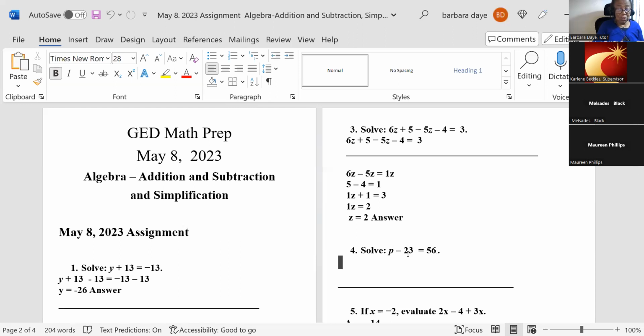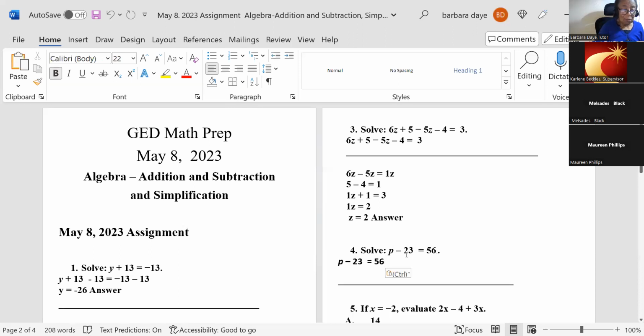If you did a subtraction, you'd have to do it to both sides, which means we'll leave you with constants on both sides. And you want something that just says P equal. Call that isolating the variable. So that means you've got to add 23 to both sides. And what's your answer then, Mercedes? What's P equal to? 79. Yes, that's right. That's the answer. P equals 79.